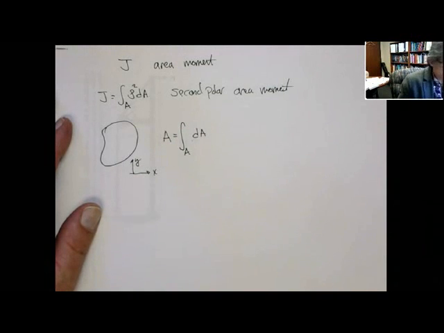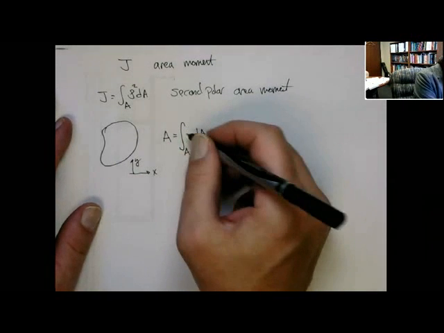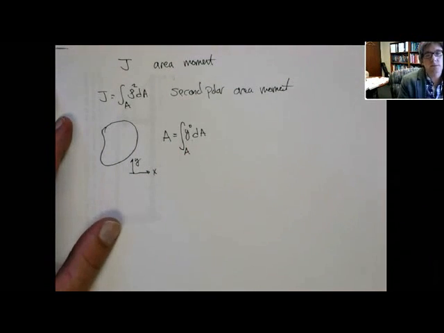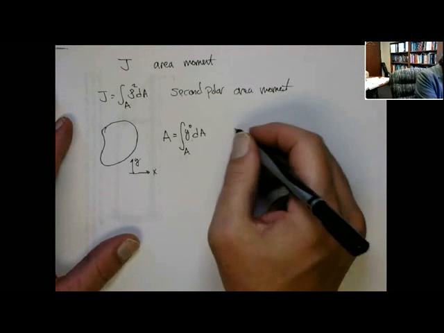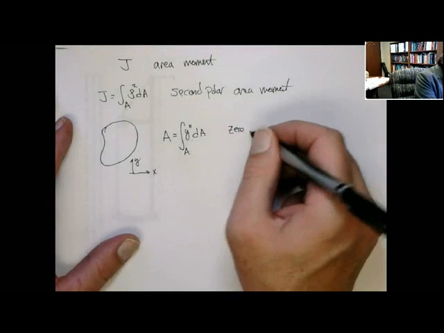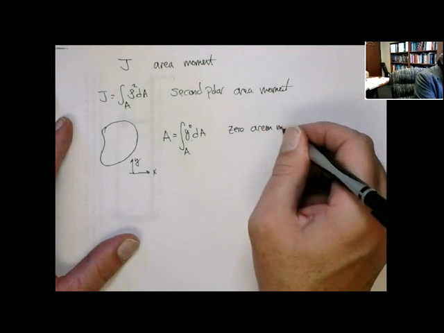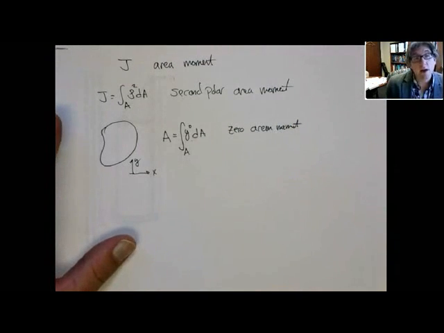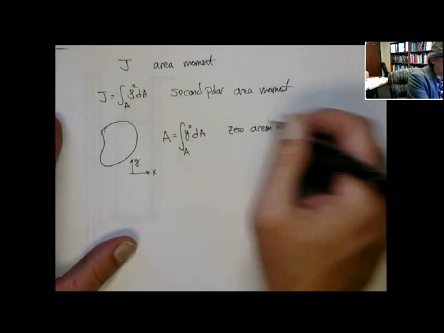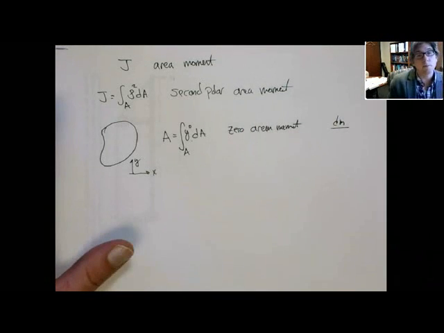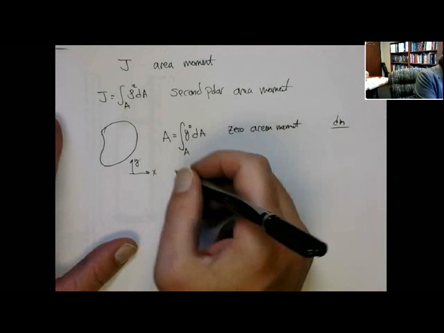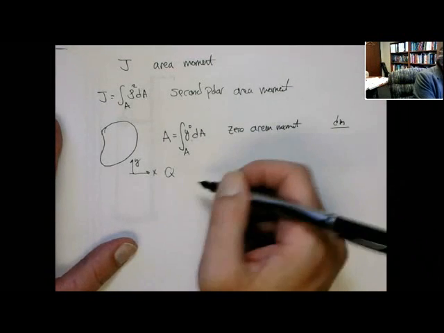You can imagine sticking a y to the 0 power, because y to the 0 is 1. So this would be an example of the zero area, because it's differential area. When you do dynamics, this is not dA, but it's dm, and that leads you to a zero mass moment of inertia.